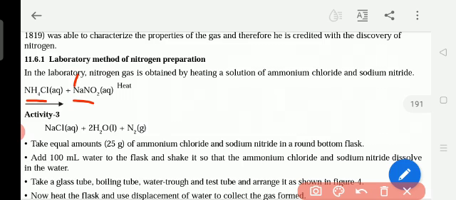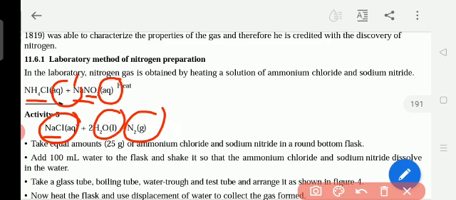Na means sodium, NO2 means nitrite. NaNO2 (aq); aq means aqueous, a water solution. NaCl means sodium chloride, the common salt that we are using. H2O is water, N2 is nitrogen gas.